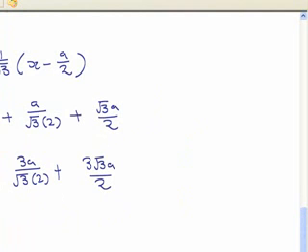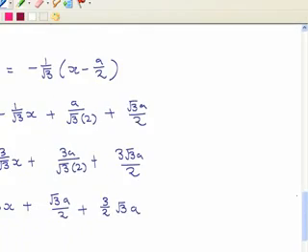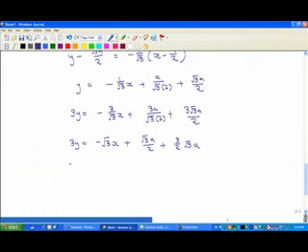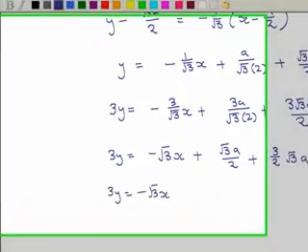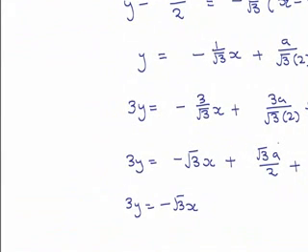So here we were left with minus square root 3x. Here we will have square root 3a over 2. Here we will have 3 over 2 square root 3a. So this thing here is square root 3 over 2.